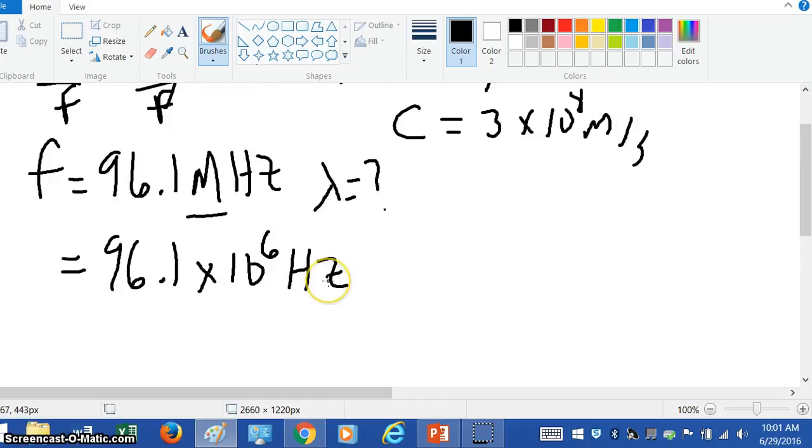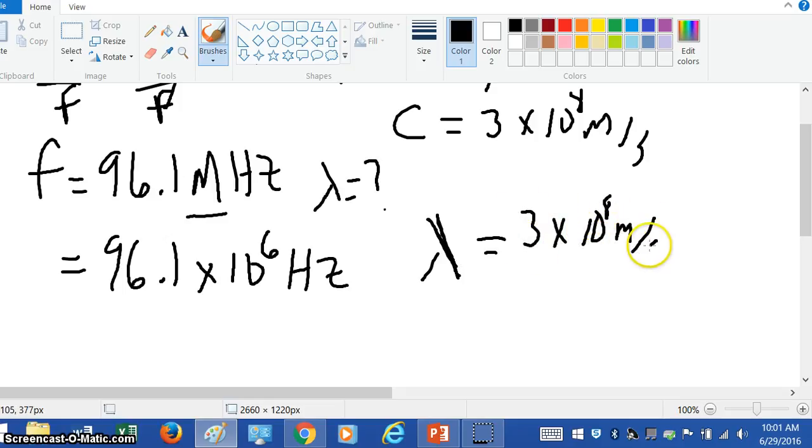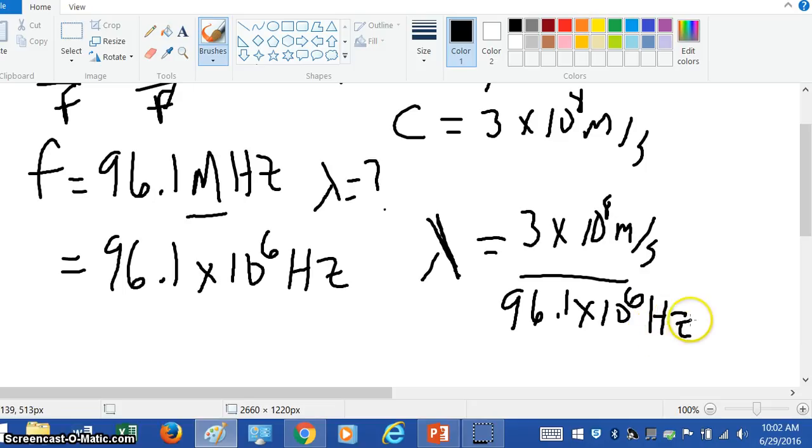And so lambda is equal to the speed of light, 3 times 10 to the 8th meters per second, divided by 96.1 times 10 to the 6th, because it's megahertz. And of course hertz is really 1/second, so the 1/seconds cancels hertz, giving us an answer in meters.